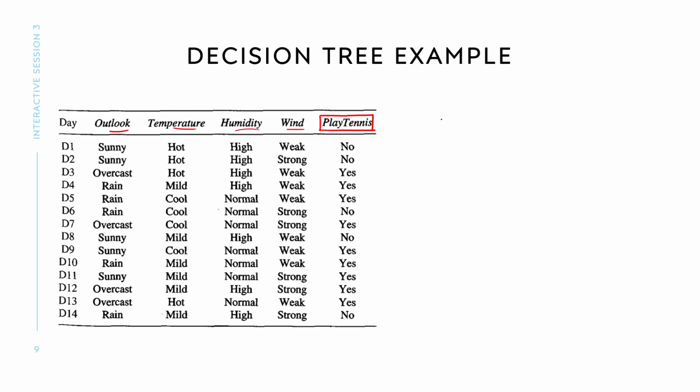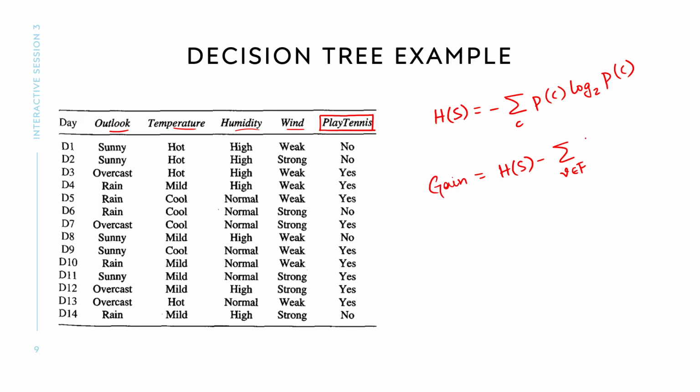Okay, and how you calculate it is, obviously, I have H(S), which is minus sum of p(c) log base 2 p(c), and then my gain will be H(S) minus the sum over v of the size of S_v over my total set size times H(S_v), right?